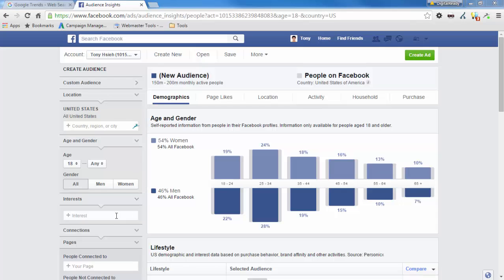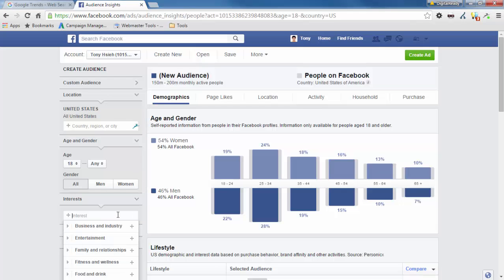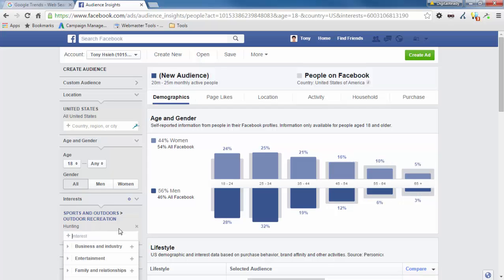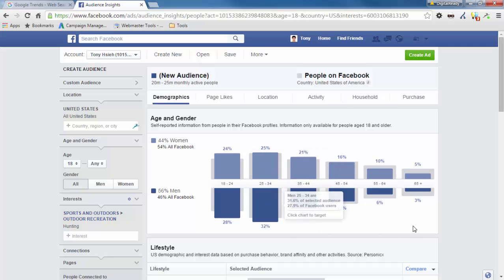I would start off, like I said, with some topic. In this instance, I'm going to go with hunting. So I'm narrowing down to people who are interested in hunting. And obviously, right now it's a mix of everything: women, men, different age groups. Ideally we should target the majority of the audience that we're interested in.